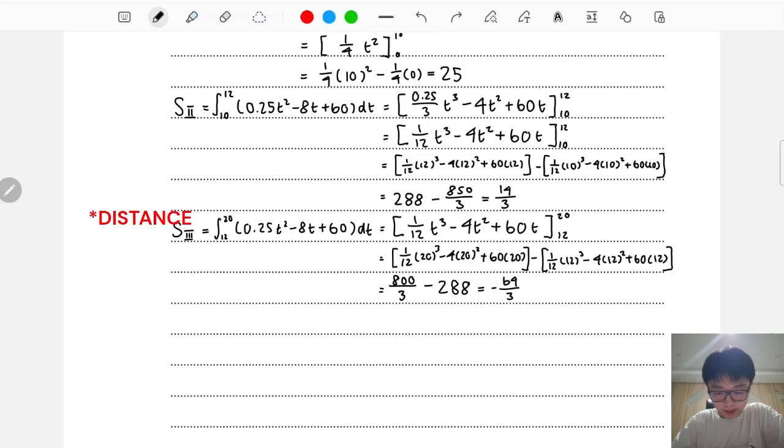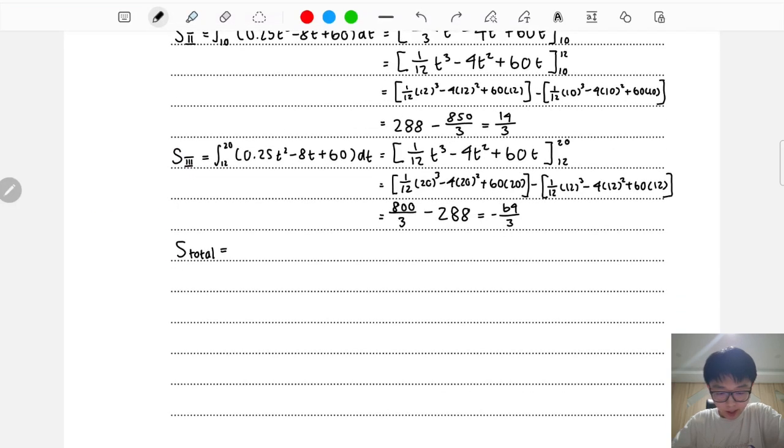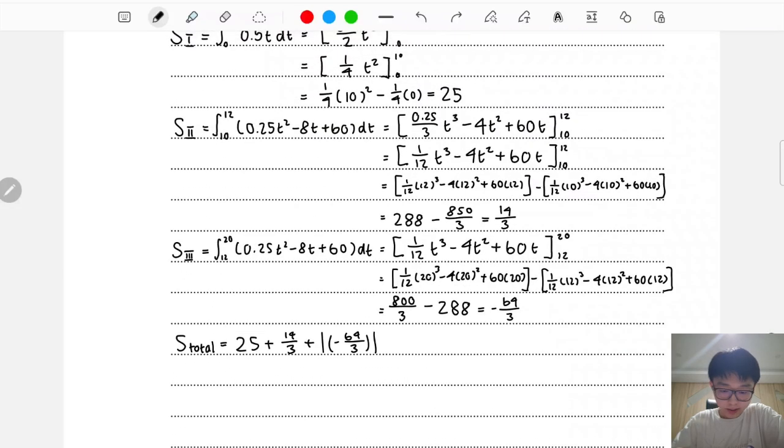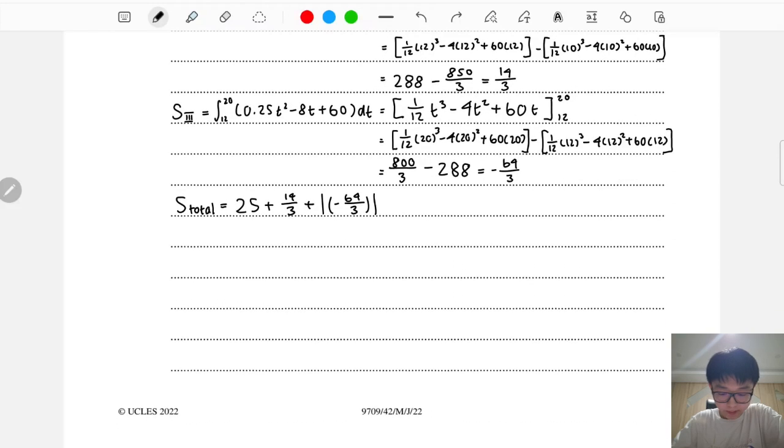Now for the total distance, it would be the sum of all the absolute values of the displacements calculated. So 25 plus 14 over 3 plus the absolute value of negative 64 over 3, which is just plus 64 over 3. And that turns out to be 51. So the answer for this final part is 51 meters. And that's it.